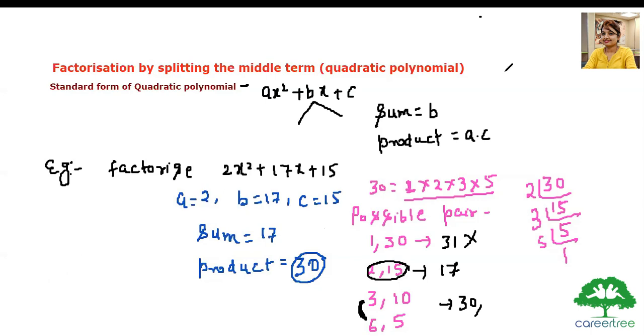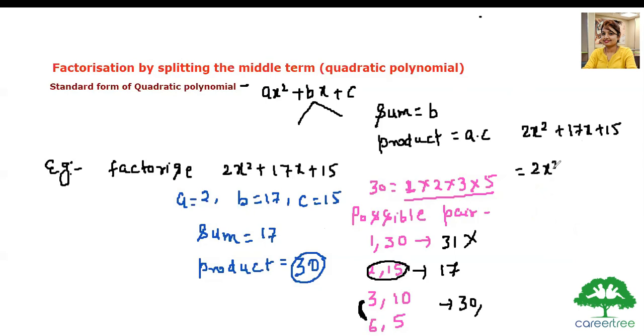Now I am going to write the quadratic polynomial once again, which is 2x square plus 17x plus 15. In place of 17x, we write the numbers we found, 15 and 2, so we can write 2x plus 15x. From the first two terms, we can take 2x common, so what will be left is x plus 1.